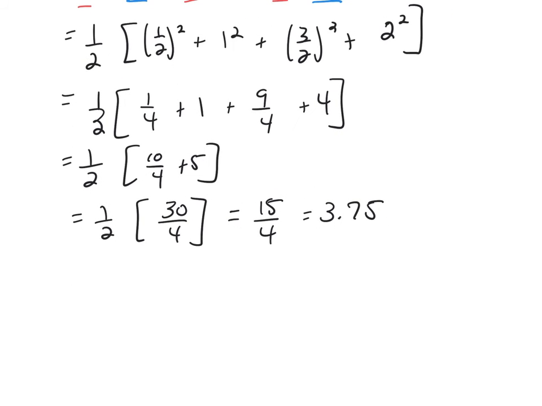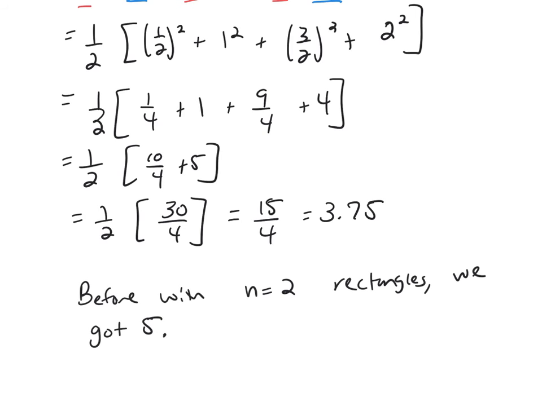And what I'll say is, if you look back at what we had before when we had n equals 2 rectangles, what did we get for our approximation? We got 5. And remember, 5 was an overestimate.